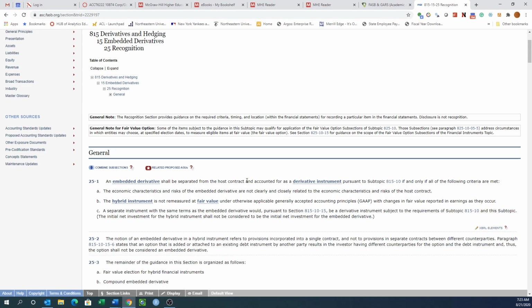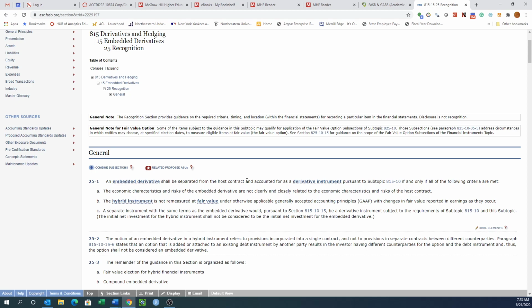We call that a collar, a cap and a floor combined. If that cap is based on anything other than a basic index, and I'm talking about an interest rate index, then it's not clearly and closely related. So we'll give some examples of going through this process of splitting it out.